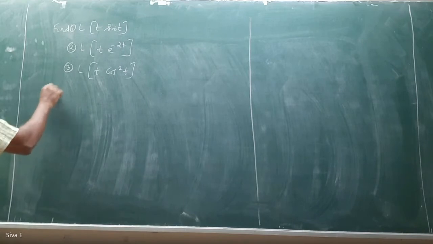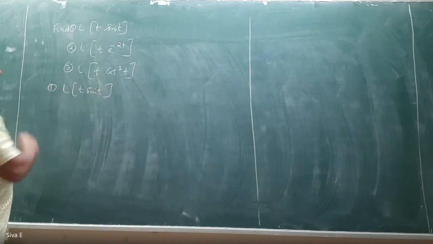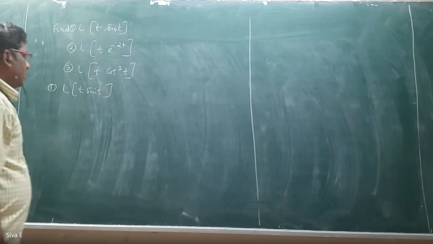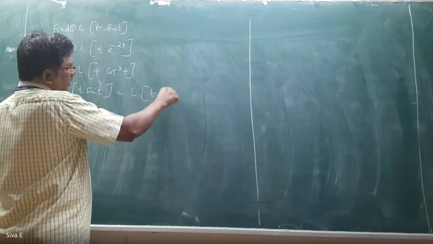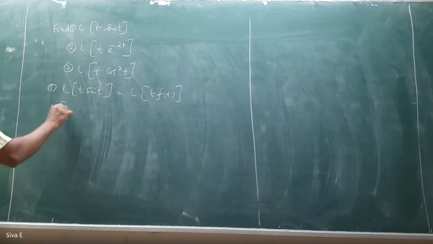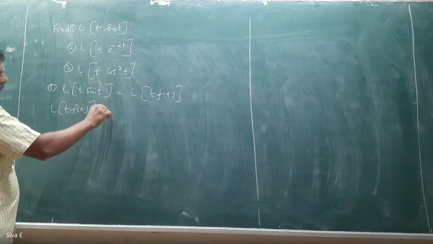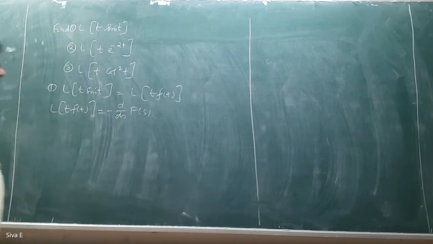First problem, Laplace transform of t sin t. So, it is in the format of Laplace transform of t f of t. What is Laplace transform of t f of t? Minus d by ds of phi of s.